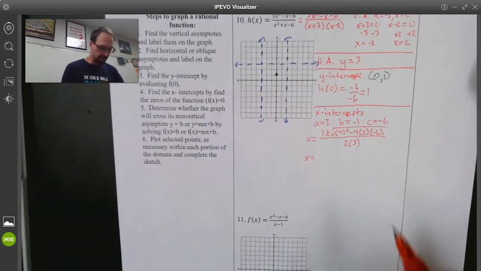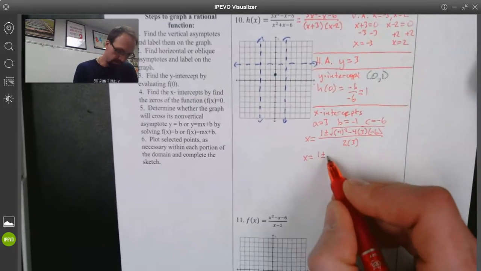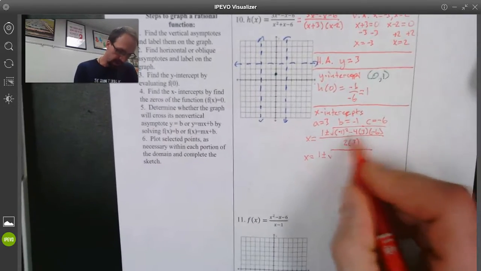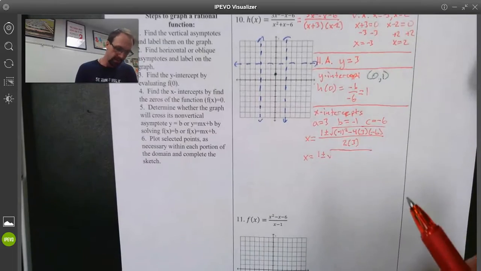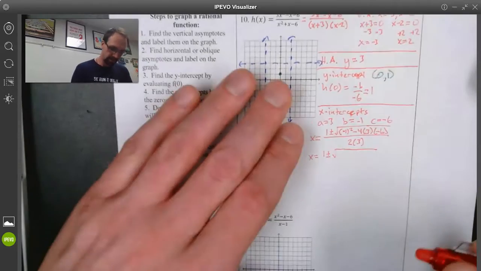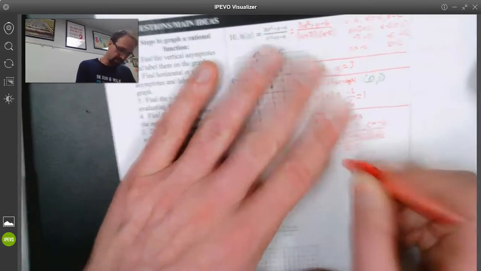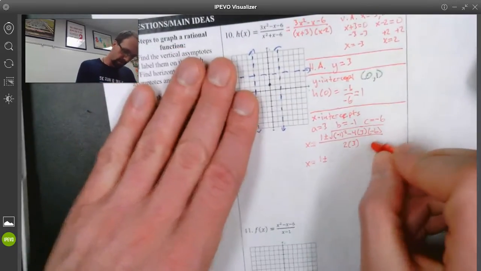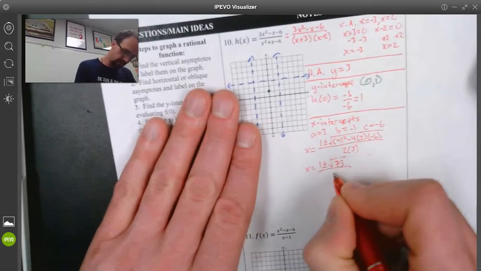So simplifying this, we get 1 plus or minus, I'm going to simplify everything inside the radical. Again, I'm doing this to save space. 1 plus 72, 73. So I get 1 plus or minus the square root of 73 all over 6.